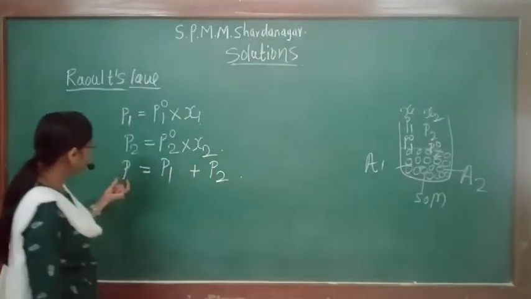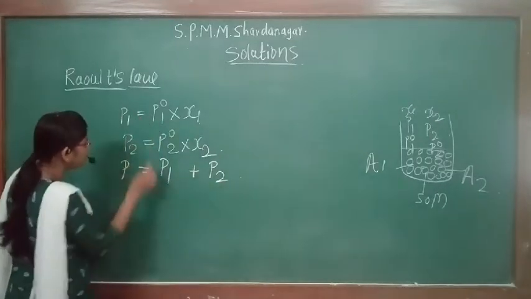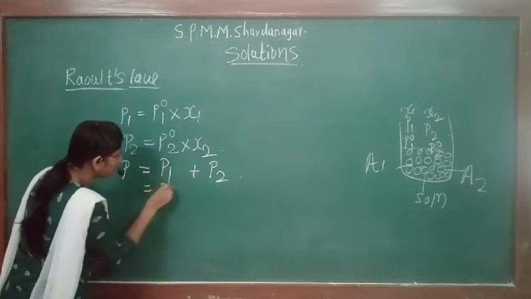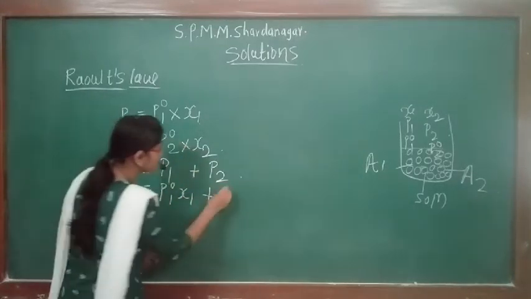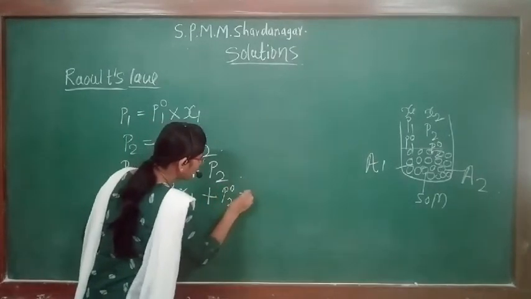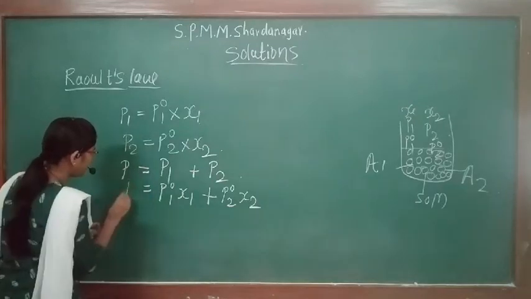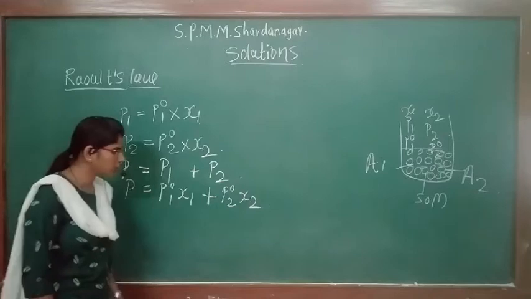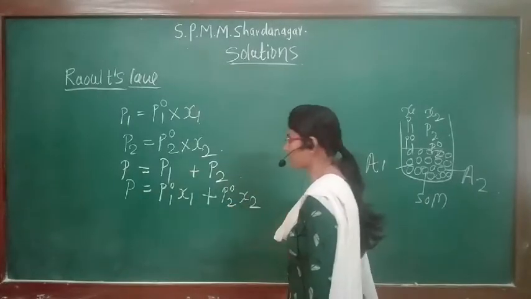That means P is equal to P1 plus P2. Putting P1 equal to P01 X1 and P2 equal to P02 X2, the total pressure P is equal to P01 X1 plus P02 X2.